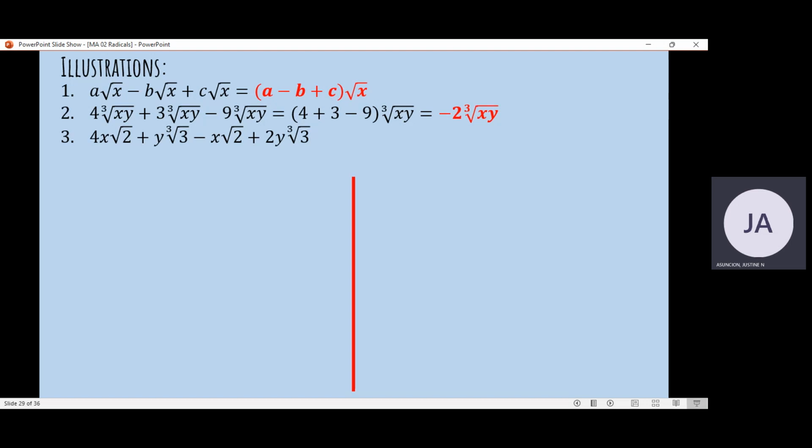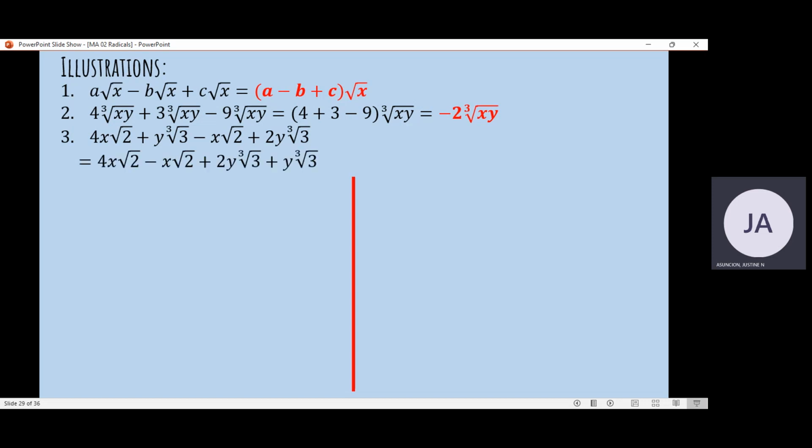And then we have another example: 4x square root of 2 plus y cube root of 3 minus x square root of 2 plus 2y cube root of 3. Again, we need to combine those that have the same index and radicand. Here in this case, we have the square root of 2 and the cube root of 3.